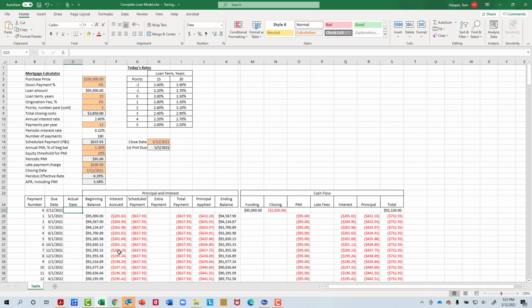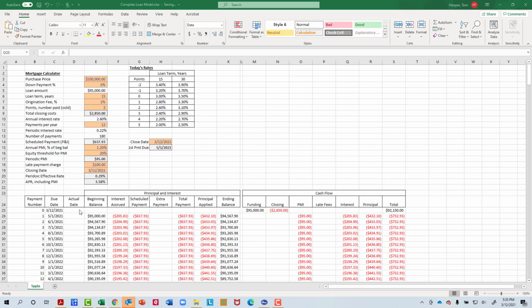Now the actual date, I don't know about you, but I don't pay all of my bills on exactly the day they're due. Now, the close date we can be pretty firm on, so we'll just say that the actual date of close was when we plan to close. But I'm going to randomize this a little bit. This will be mainly for the purposes of the video, but it'll be a good review of how to randomize a variable. Let's say that about 1 out of 10 times I'm going to be late on a payment.